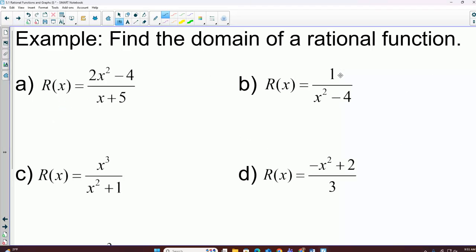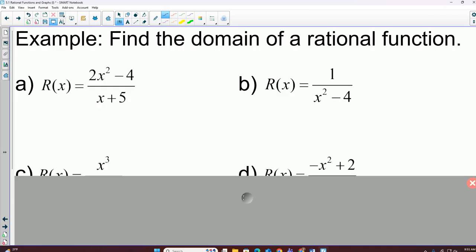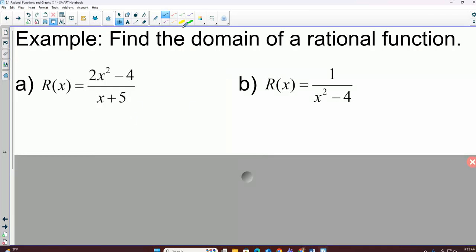So let's find the domain of each of these. The first one, if I said 2x squared minus 4 over x plus 5, the only thing we care about is the denominator. And in a rational function, the denominator cannot be 0, which means x cannot be negative 5. Now your domain is telling me what x is, so if it's not negative 5, it's everything else.